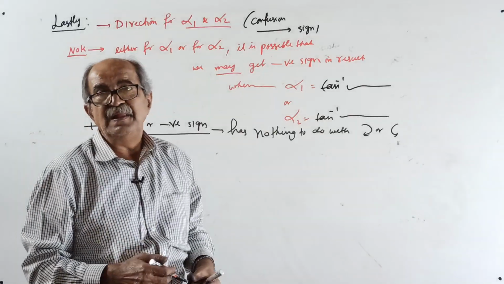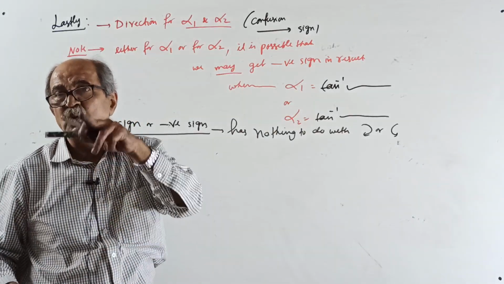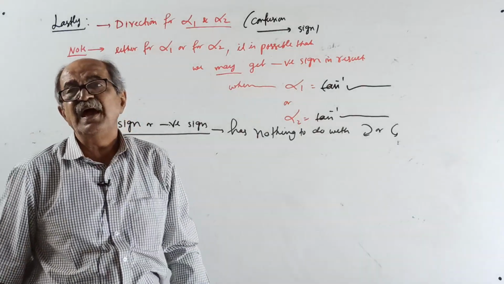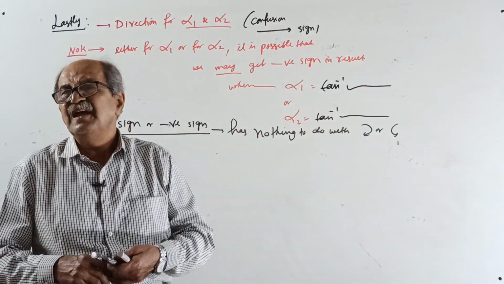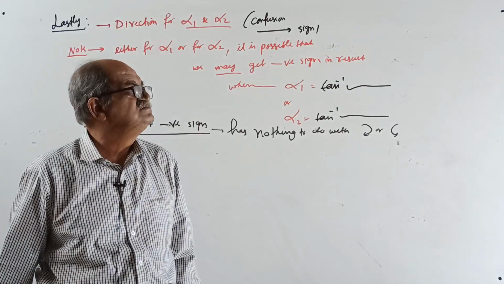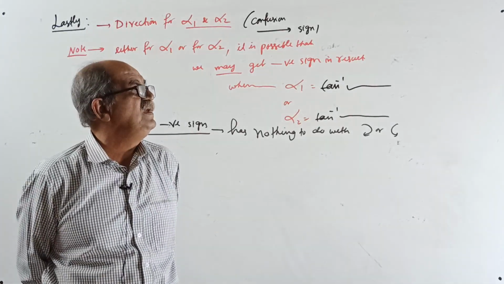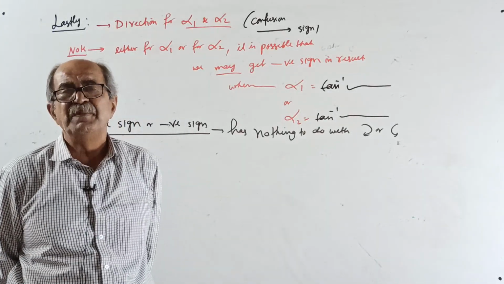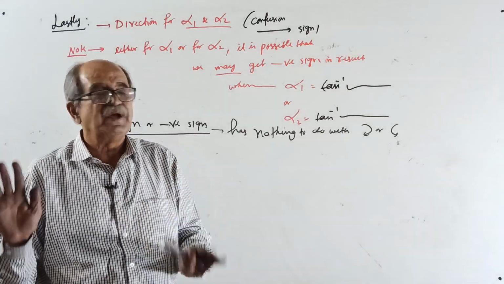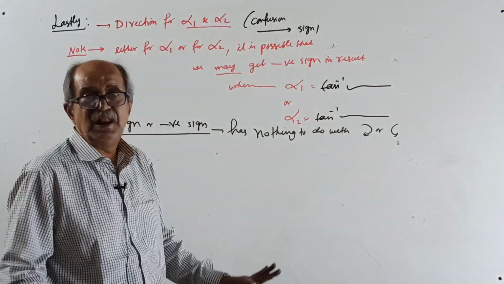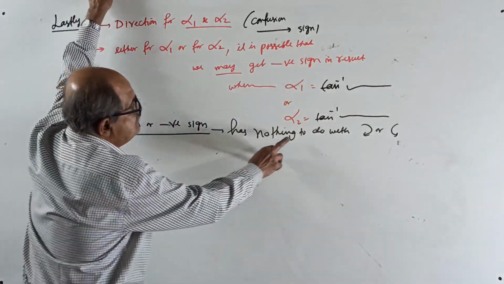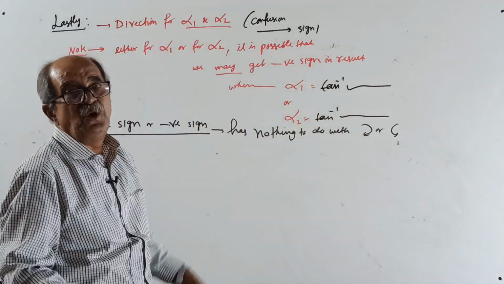Very, very important. Later I will upload one more class for entire engineering, not only civil, any science subject, BSc or MSc, mechanical, anybody, on the sign problem. That is a mathematical concept, a very systematic approach, but till now it has nothing to do with clockwise or anti-clockwise.